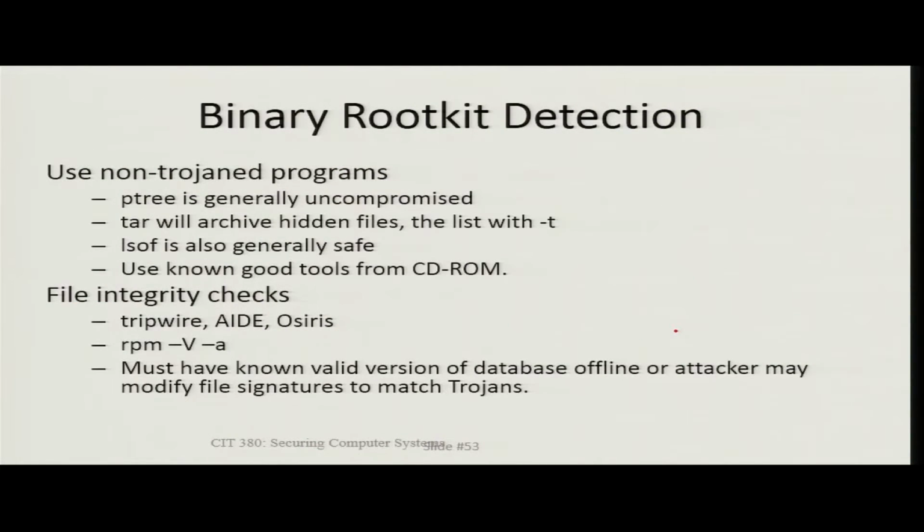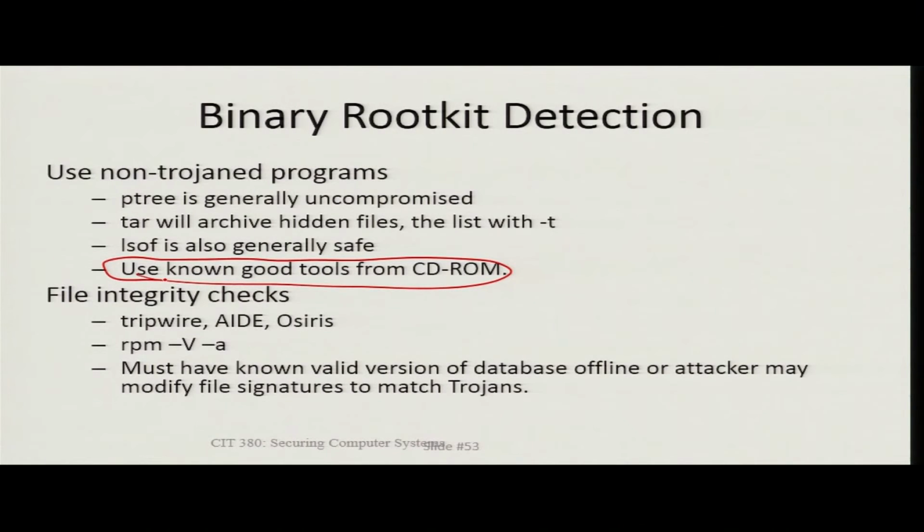So normally the one way to detect the binary rootkit is to actually use some known good tools from a CD-ROM and then use that to run the system commands such as ps and so on, and then check the match between the outputs of those with the output that you get by running the ps, for example, on your system itself.